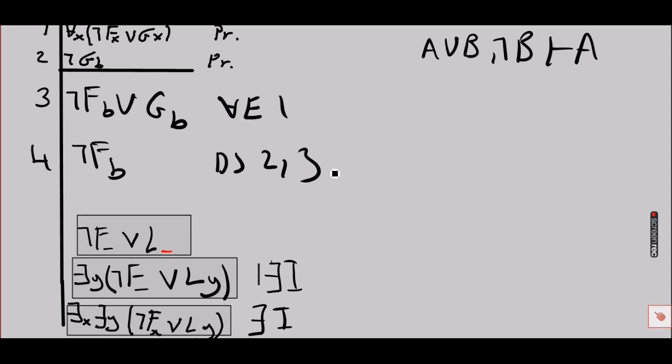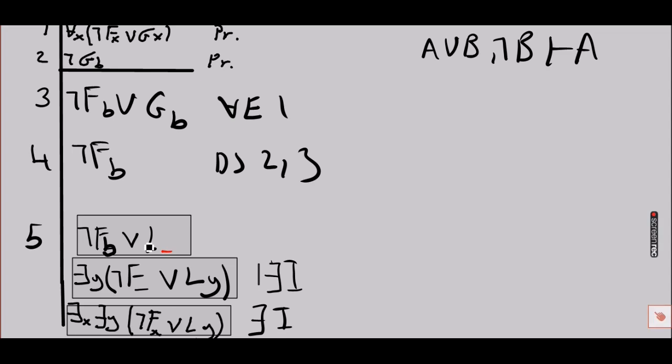Okay, now that I have not FB, I can get not FB or anything we want using or intro, right? So here on line 5, I'm going to put B in this blank that I had left open. Because that way I can get 5 from 4, right? Since I have not FB, I can get not FB or anything I want.